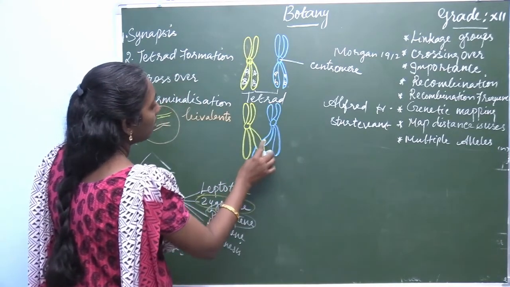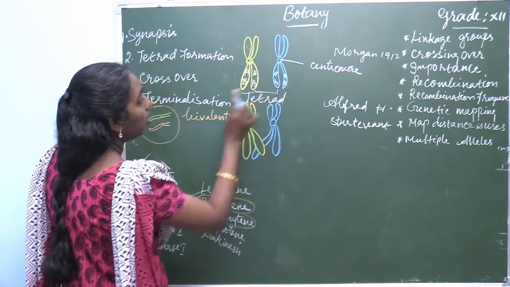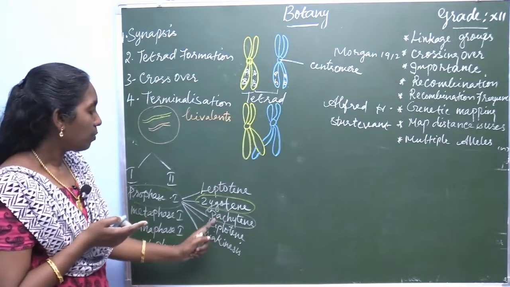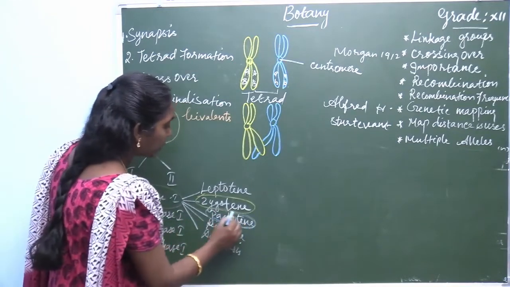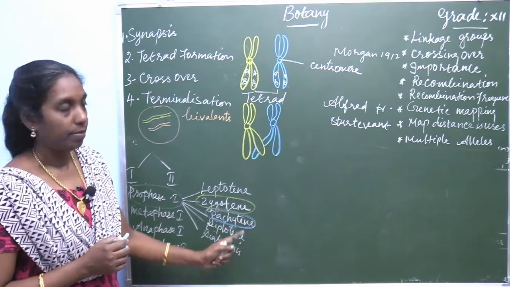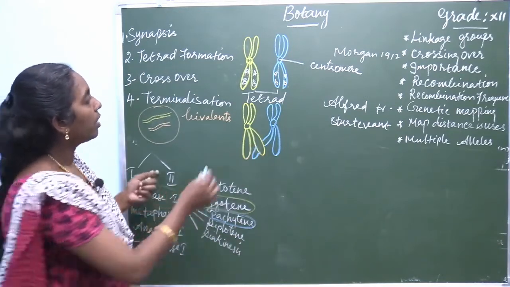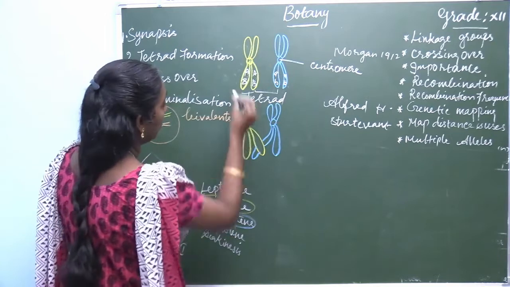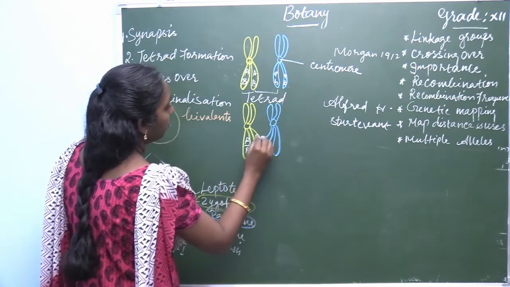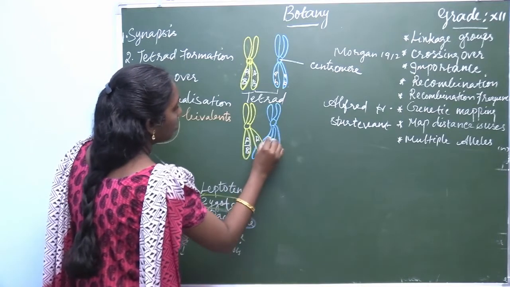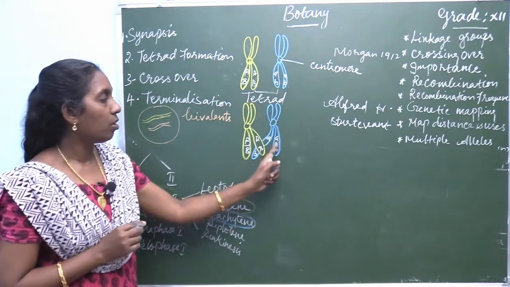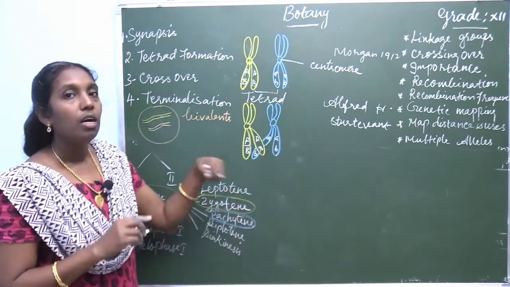These are non-sister chromatids, and this crossing over takes place at the Pachytene stage of Prophase I of meiosis. Here the genes are A, B, small a, small b, small a, small b. These are the genes and their locations.